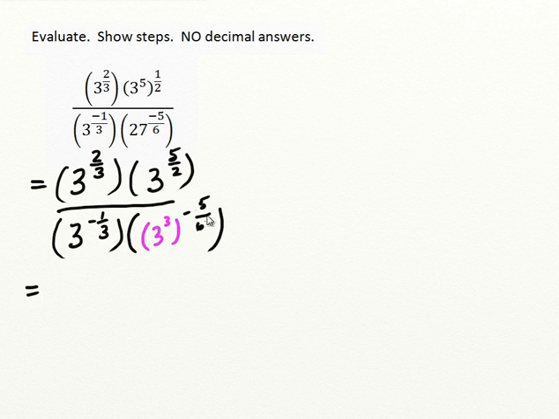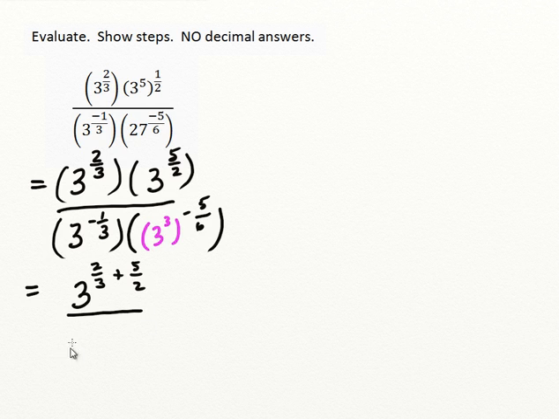Following along, the only cleanup we need to do is this bottom part here, this 3 to the exponent 3 does that. But I'm also going to realize that if I start multiplying these tops together, lo and behold, I'm going to be adding these exponents. So let's do that while we clean up the bottom as well. So the top is going to be expressed as 3 to the exponent 2/3, and I'm going to be adding to that 5/2.